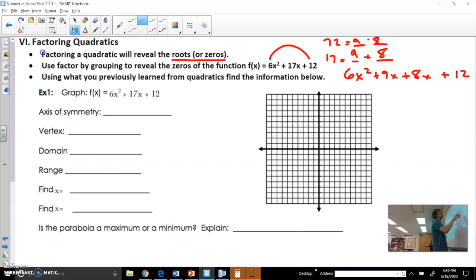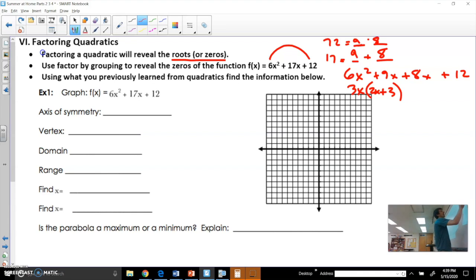So now I look at my groups, 6x squared and 9x. Those both have 3 in common, and they also have x. One has x squared, the other one has x. So I can divide an x off of each of these, and I'll be left with 2x plus 3. If you're familiar with this process, I'm expecting to get that 2x plus 3 again when it repeats.